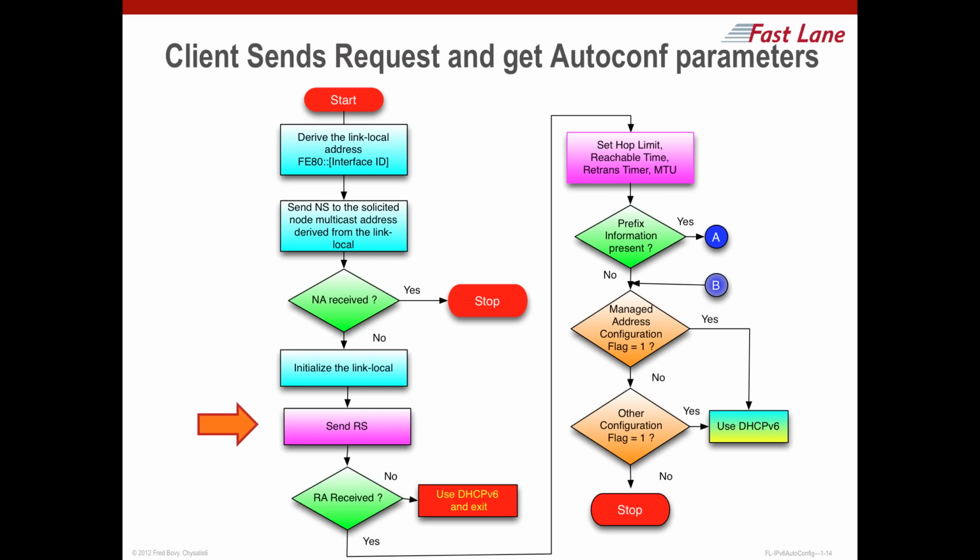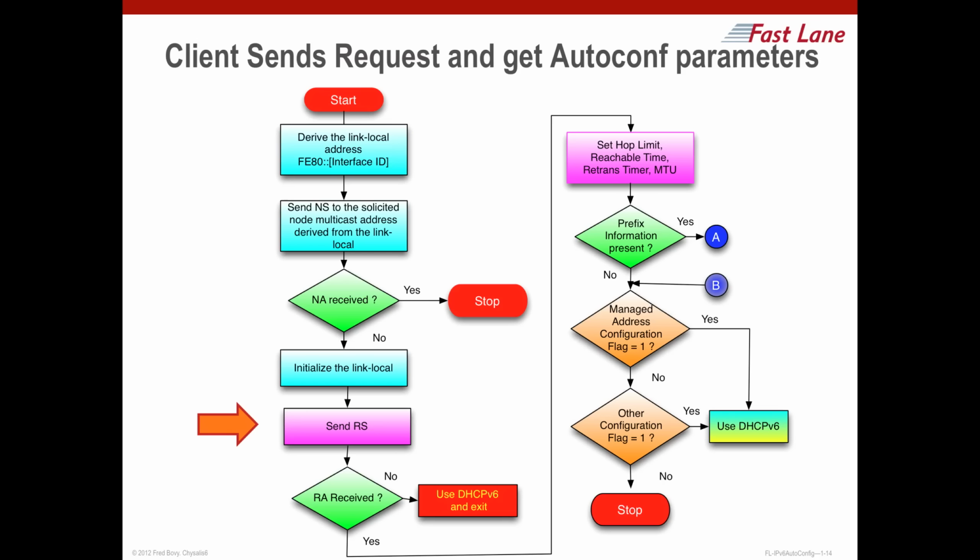So once the link-local address is found unique, we send the router solicitation packets, and we expect to receive router advertisements. If we don't, then we are going to try DHCP version 6, and we exit the auto-configuration process.